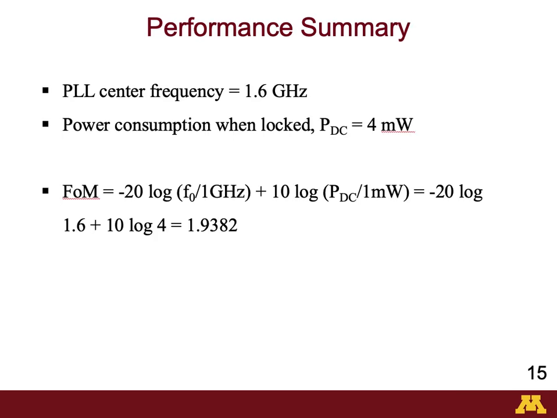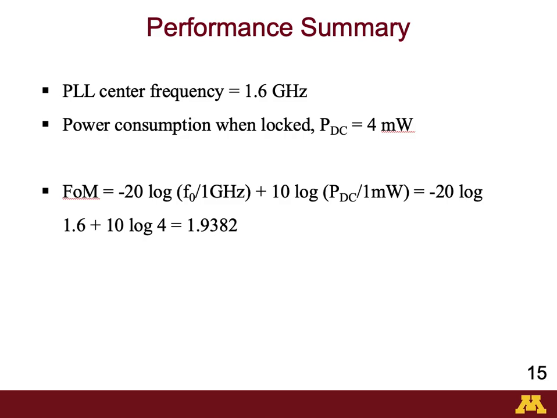Finally, we want to show the performance summary. My designed PLL has a center frequency of 1.6 GHz and it consumes an average current of 4 milliamps at 1 volt VDD supply, which means 4 milliwatts of power. Therefore, the figure of merit FOM from the given equation is 1.9382.